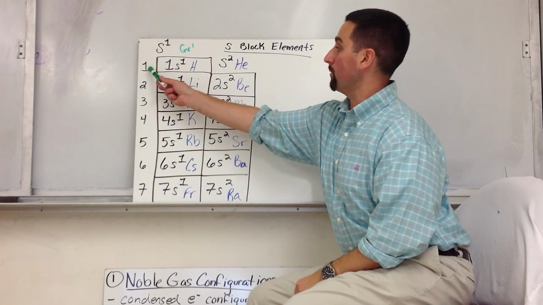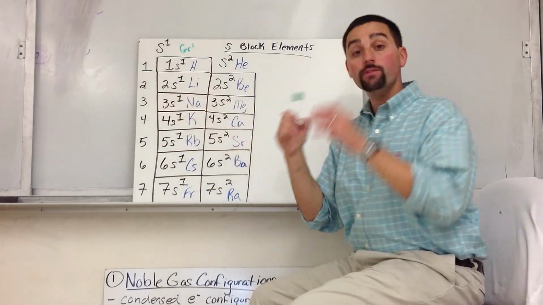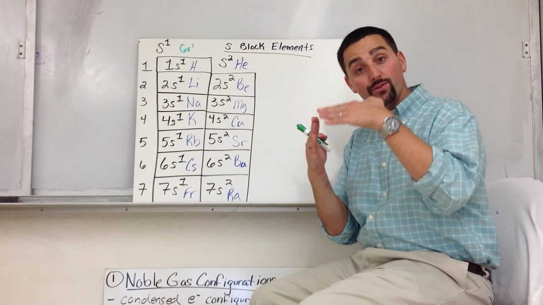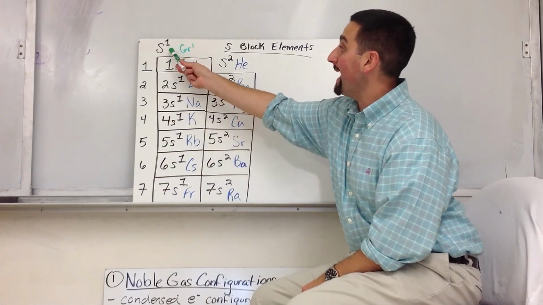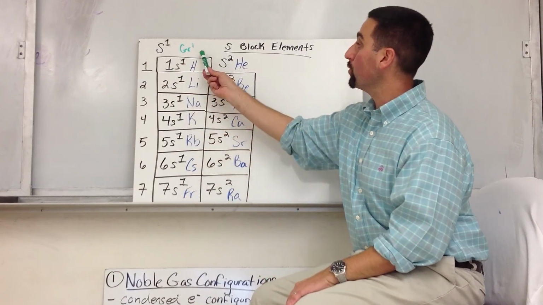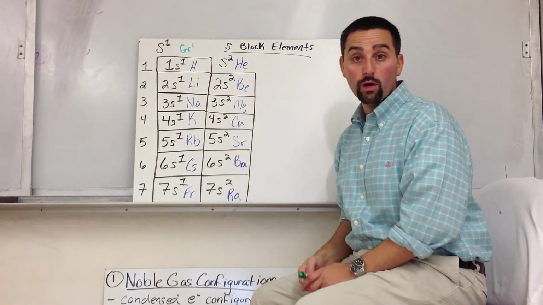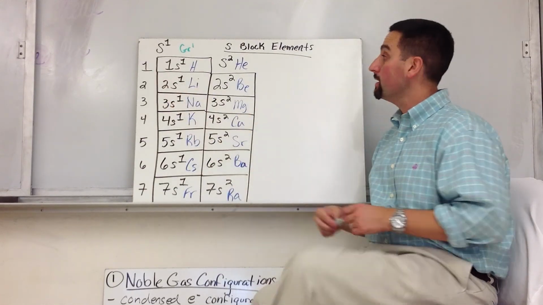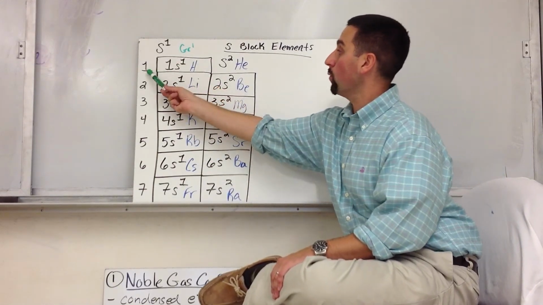You look at the row number, and that tells you the number of shells, the principal quantum numbers. And then you intersect that with the heading of what each group ends in. For example, group 1 elements all end in s1. They just differ by the number of shells that they have. So hydrogen ends in 1s1.